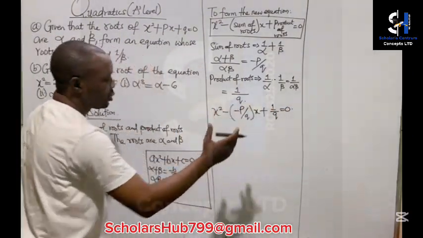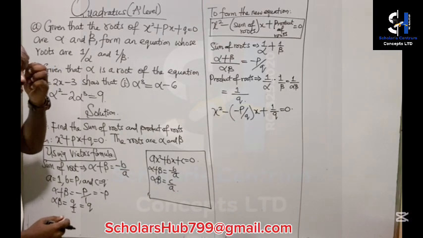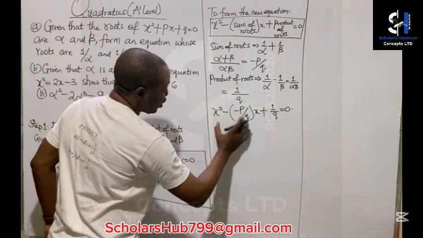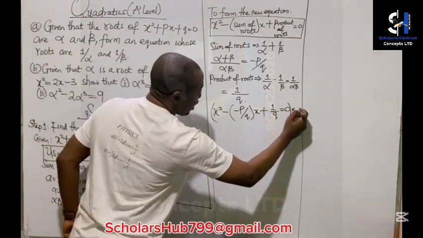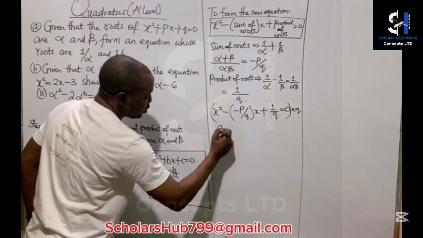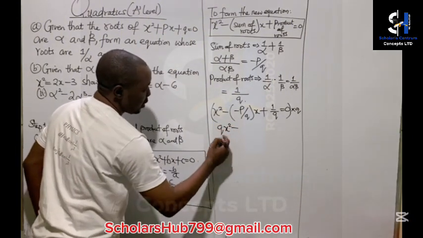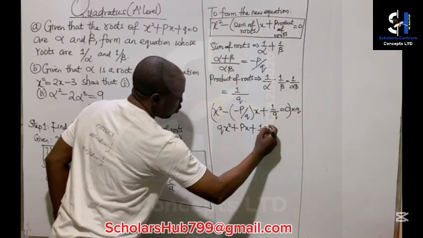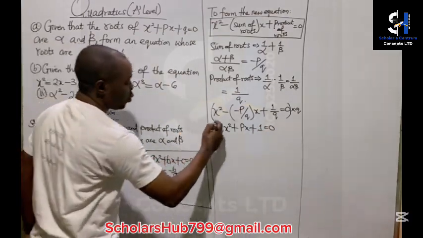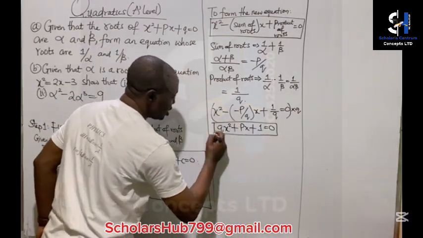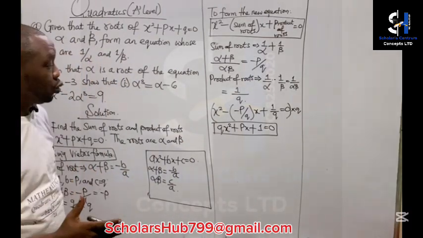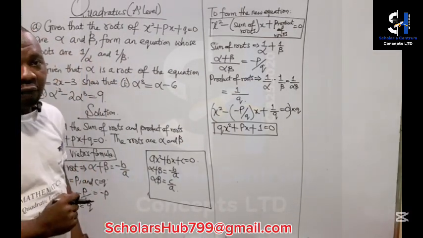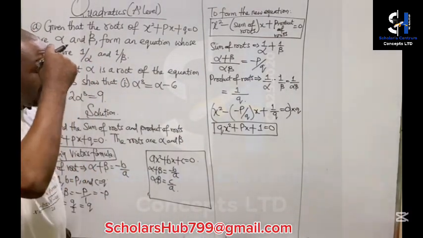Now when we multiply this equation by q, it becomes qx squared plus px plus 1 equals 0, and this is the quadratic equation whose roots are 1 over alpha and 1 over beta.